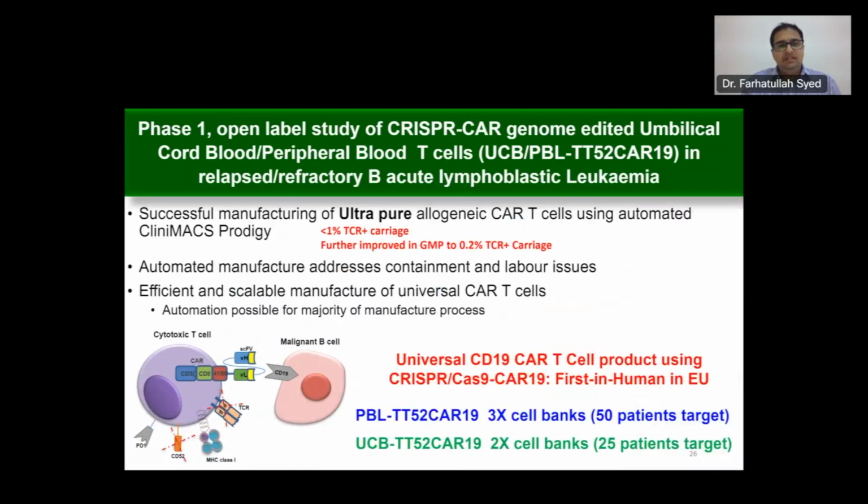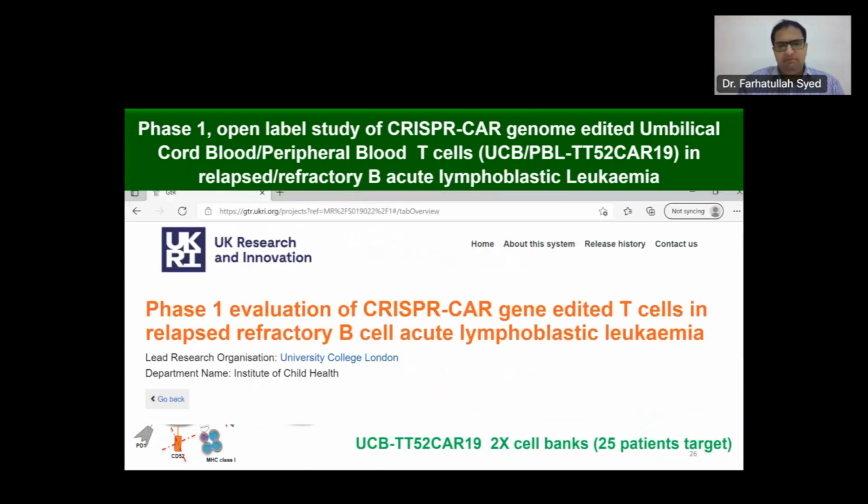This trial is ongoing, and this project was very successful, because we managed to get ultra pure allogeneic CAR T cells by knocking out TCR and CD52, so that the alloreactive molecule is gone. We also managed to use umbilical cord blood T cells to generate these off-the-shelf CAR T cells, which are specific for CD19. This trial is still ongoing. We treated, I think, 5 patients.